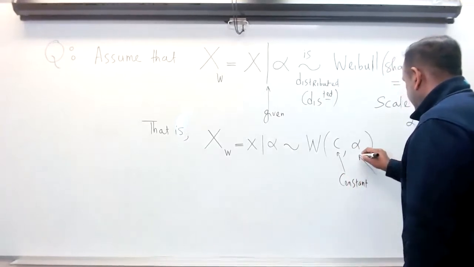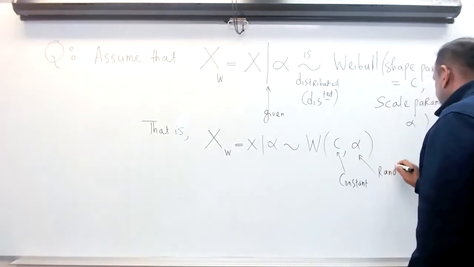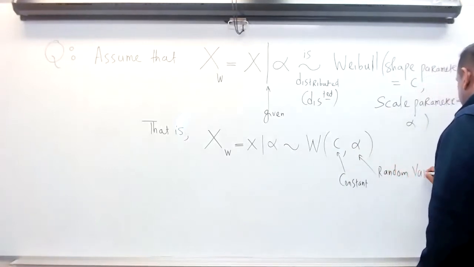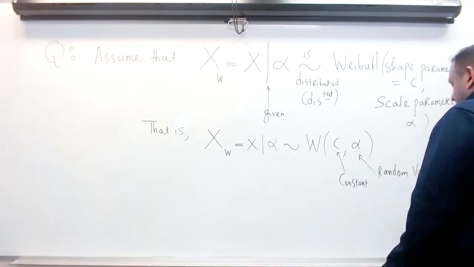Alpha is varying. It's a random variable.